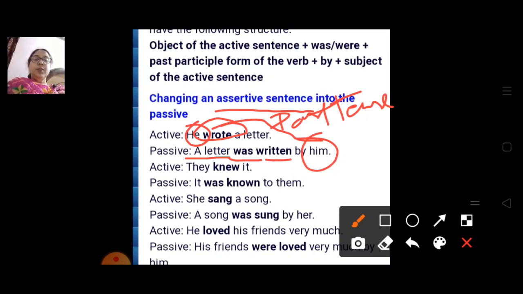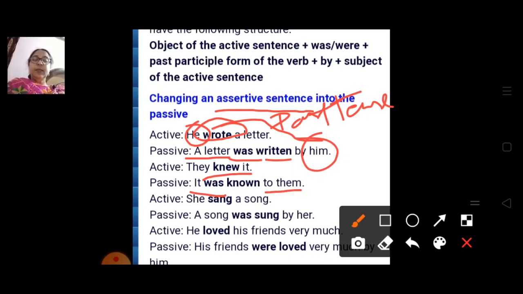Now we are moving to the next example. They knew it. Knew, here you can see, is past tense. Now in passive form, it was known to them. Next, she sang a song.